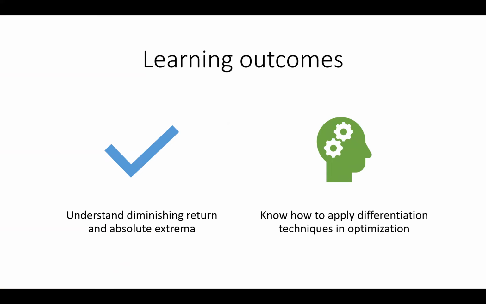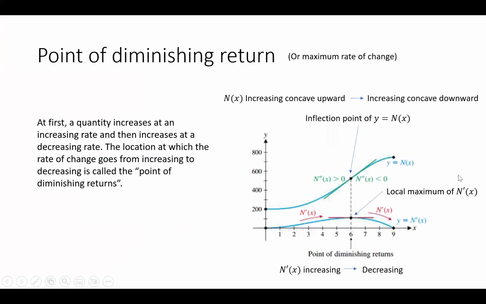Okay, now first let's look at the point of diminishing return. There are a few subjects we are interested in. For example, if you look at the raw function n of x, and then we have its first derivative n prime of x and second derivative n double prime of x.